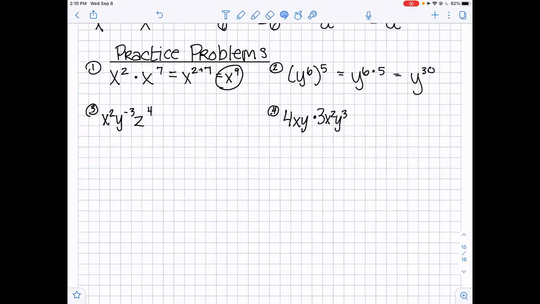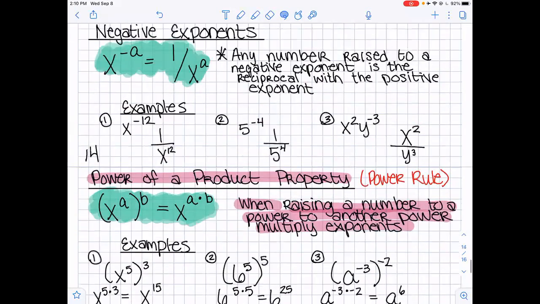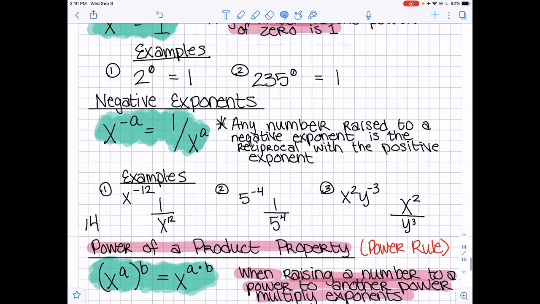All right, lots of questions on number 3. Let's look at this. We can't do anything unless they have the same letter. Like we can't add them or subtract them. So look at that, 3 different letters. Can't do anything with that, but check this out. There's a rule about negative exponents, which we had, right? You have to move the negative to the bottom. Oh, look, here's one where there's 2 different letters. What did we do there? We left X on the top, we moved Y to the bottom.